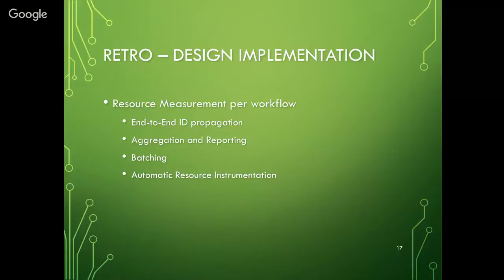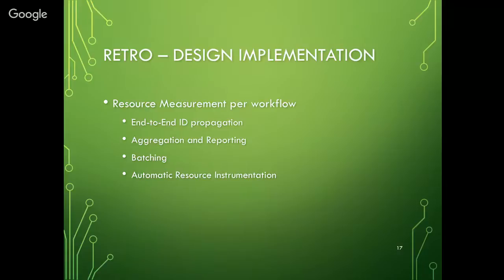Also batching. So a system might actually batch the request. Batching really means to arrange the items in groups of multiple workflows into a single request. So when this happens, a batch workflow ID is created in order to aggregate resource consumption of the batch in specific.